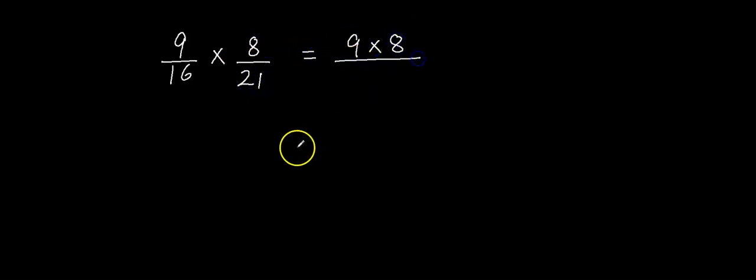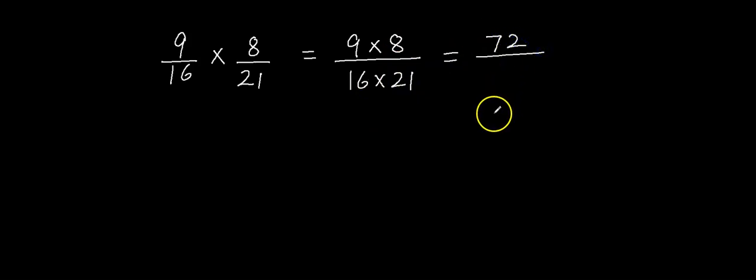Let's try another example. Say 9 over 16 times 8 over 21. So that would be equals to 9 times 8. We multiply the numerators and then we multiply the denominators together. So 9 times 8 gives us 72, and 16 times 21 would be equals to 336.